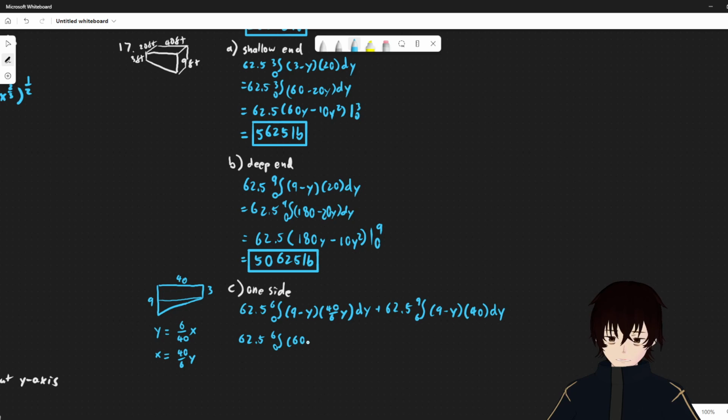So we got 60y minus 40 over 6 y squared dy, plus 62.5 from 6 to 9 of 360 minus 40y dy, which is equal to, let's see, 62.5 times 30y squared minus, I think 20 over 3, 20 over 9 y cubed from 0 to 6.